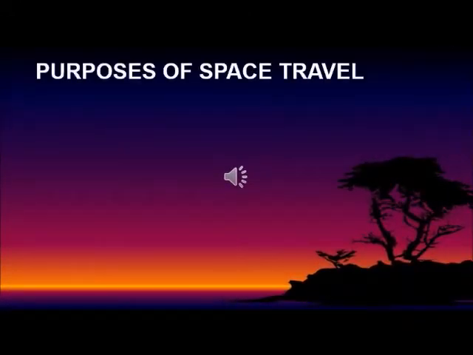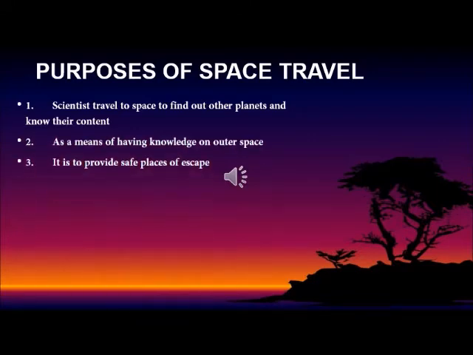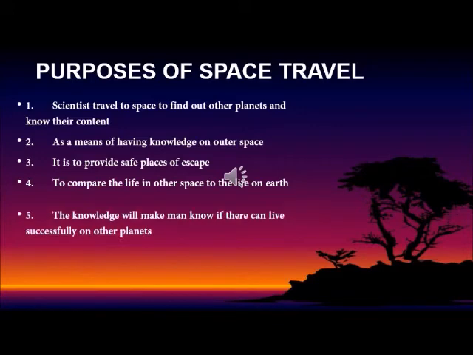Purposes of space travel. 1. Scientists travel to space to find out about other planets and know their content. 2. As a means of having knowledge of outer space. 3. It is to provide safe places of escape. 4. To compare the life in outer space to the life on Earth. 5.